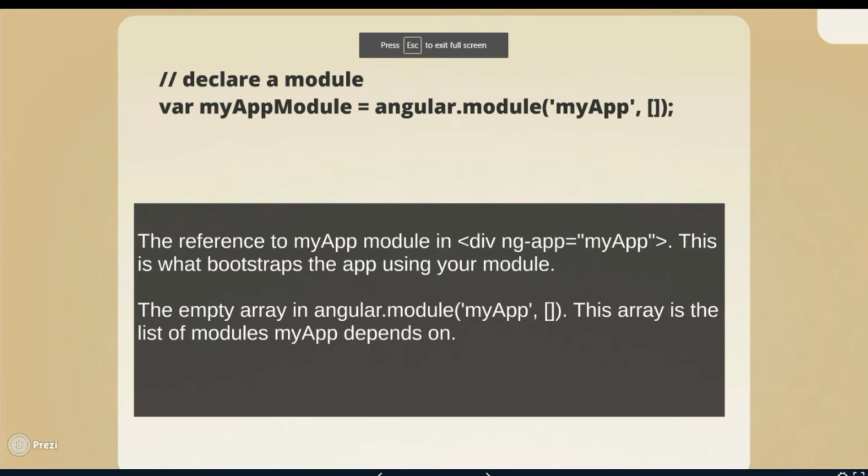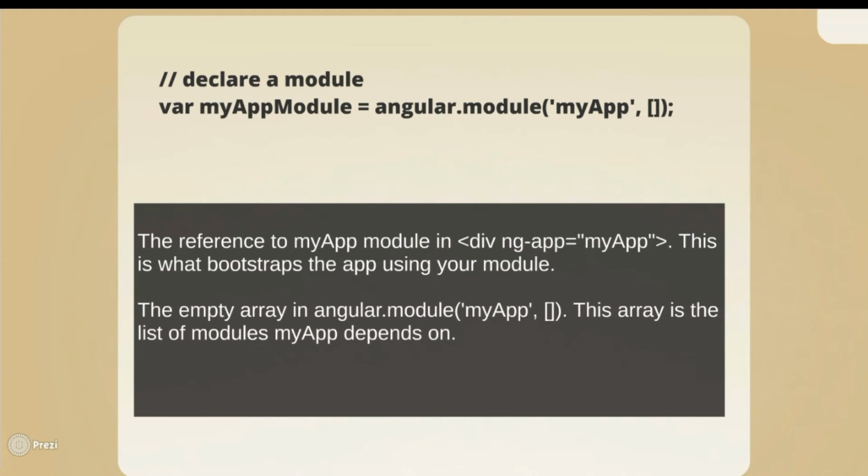This is a declaration way where the variable my app module is equal to angular.module my app square brackets. This is the way to create a module. What is this square bracket?